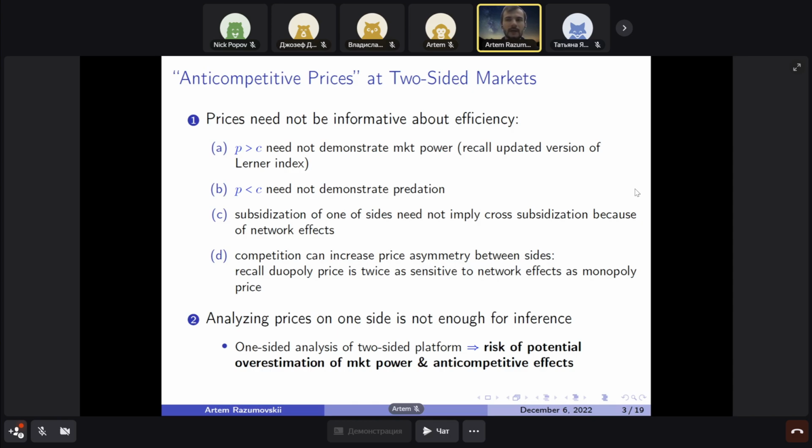Even more, it could be a good idea to subsidize the platform to generate more surplus for agents, because we will increase the network effects and push more agents to join the platform.